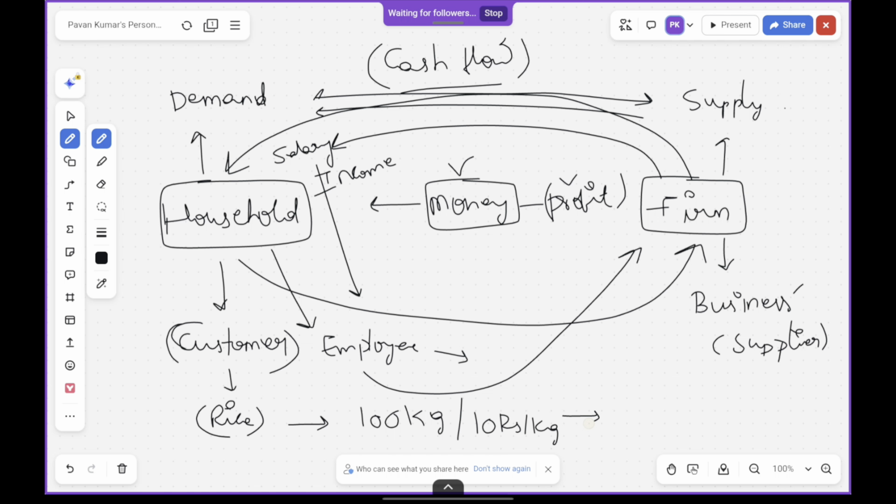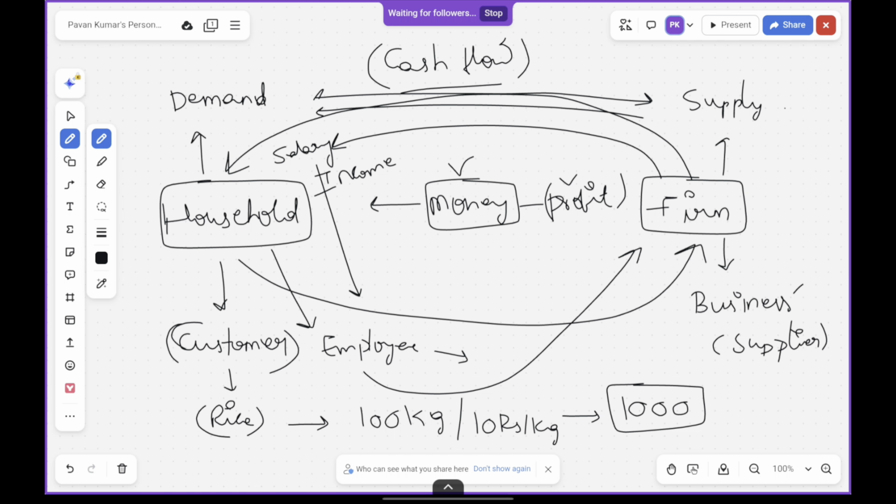So what is the overall cost? It is 1000 rupees, isn't it? So let's say the customer has 1000 rupees of purchasing power. That means he cannot spend more than 1000 rupees, so 1000 rupees is just like a budget, right?